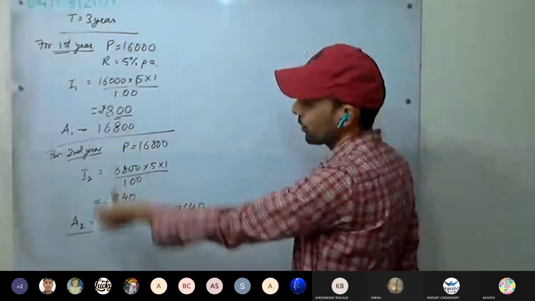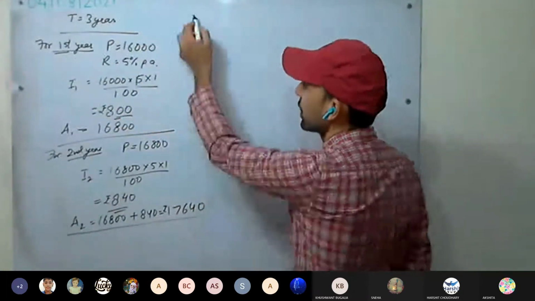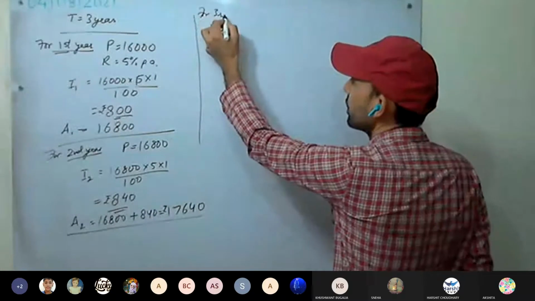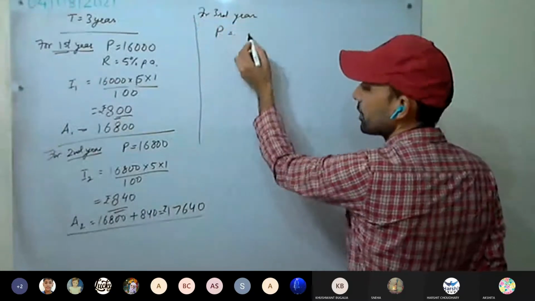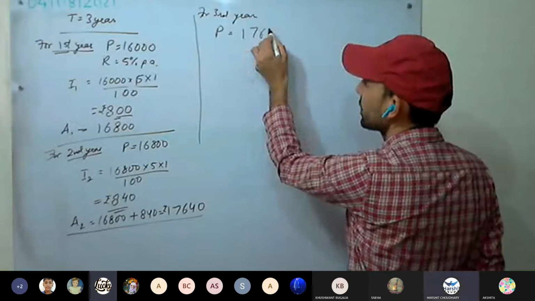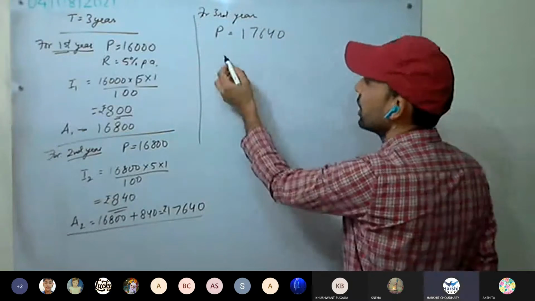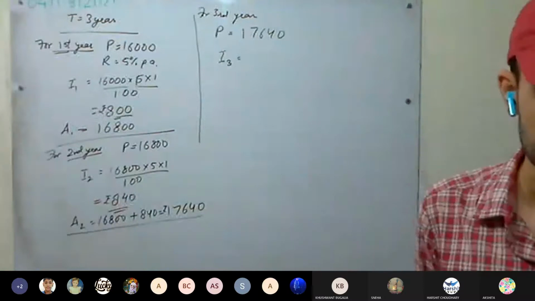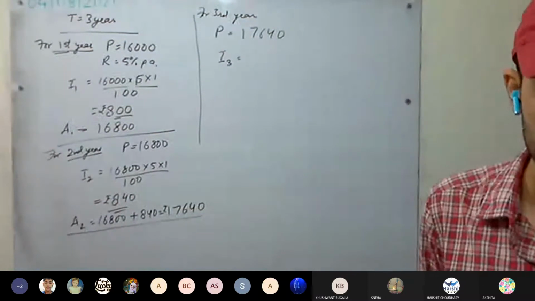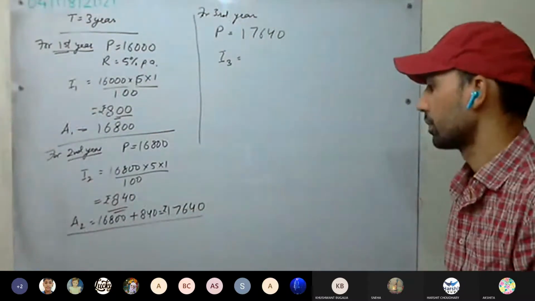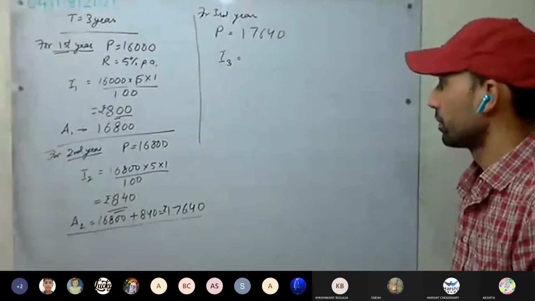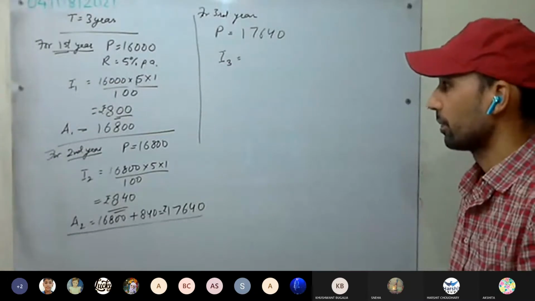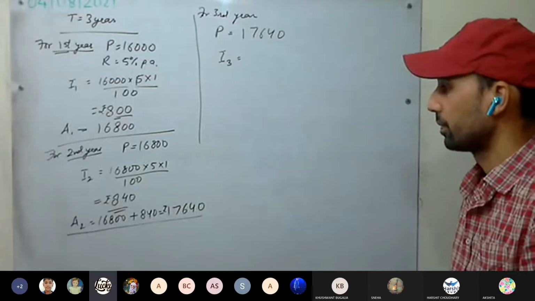Three years, so one more year to calculate. This time the principal for the third year will be 17,640. Calculate the interest for the third year. It is 882.